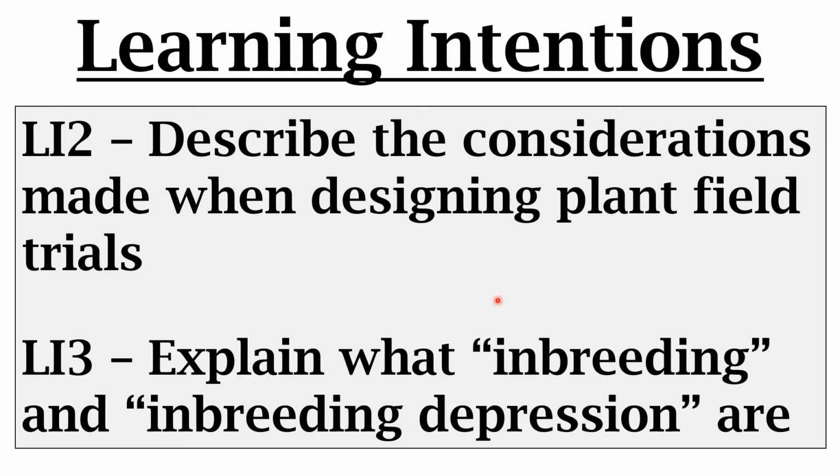So that's basic intuition, but now you can have plant field trials and try to produce crops with the characteristics that you want. And then after that, we're going to have a look at inbreeding and then inbreeding depression.